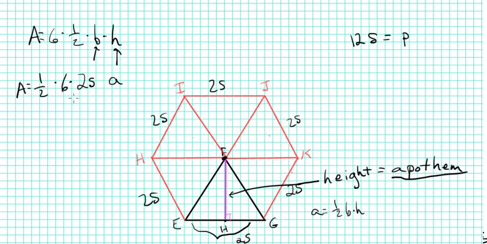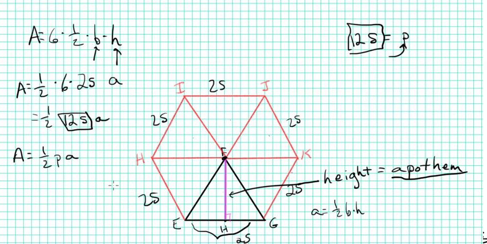And so 1/2 12s times A. Well, what does 12s equal to? That's equal to my perimeter. So the area is 1/2 times the perimeter times the apothem. You say, well, what does that all mean?